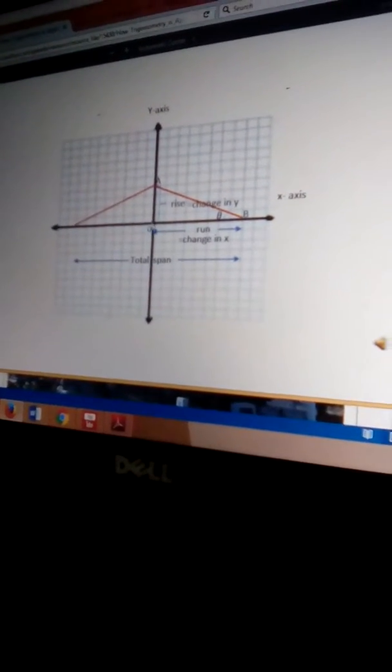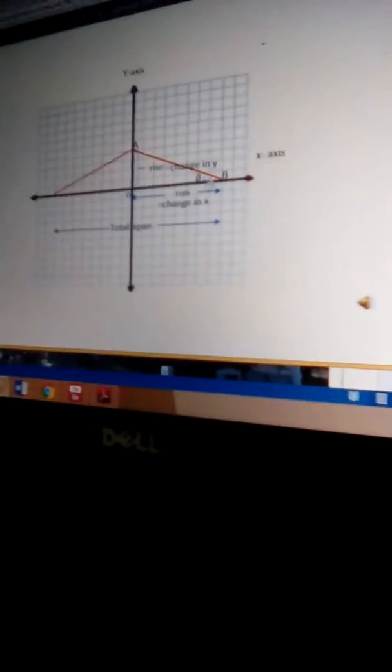It means this angle here is 90 degrees. This is the rise and this is the run. The rise is equal to change in y, and it may also be equated to opposite if we consider this angle here. And the run is also change in x, which may also be equated to horizontal change.